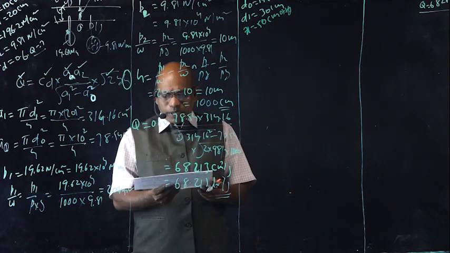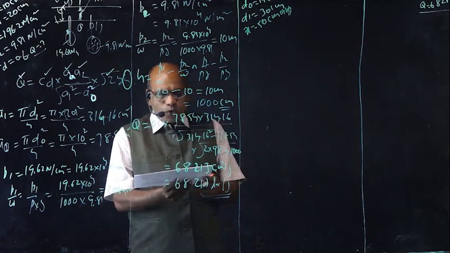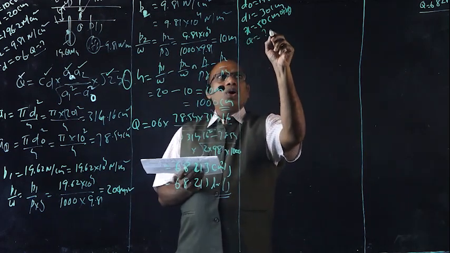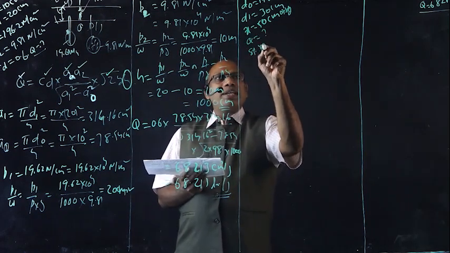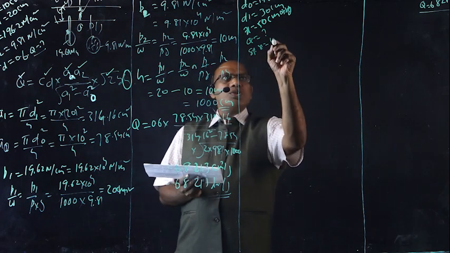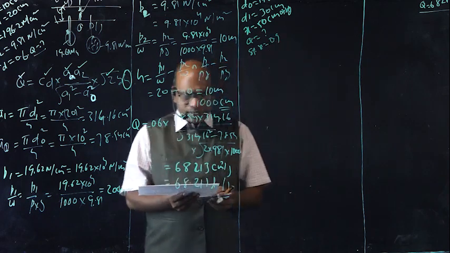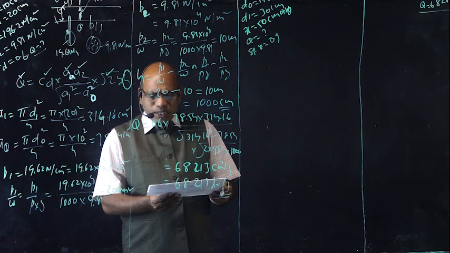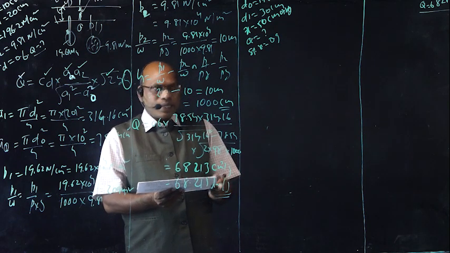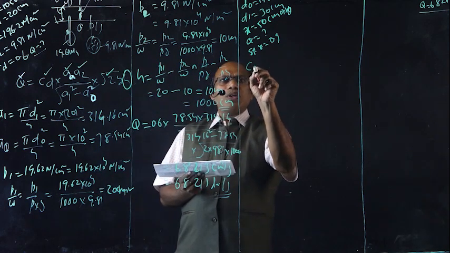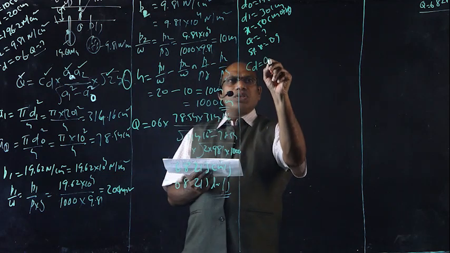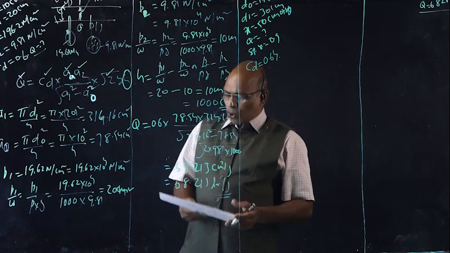Find the rate of flow of oil of specific gravity. What is the Q? Oil specific gravity is given, that is equal to 0.9, where the coefficient of discharge of orifice, that is CD value, is given, that is equal to 0.64.